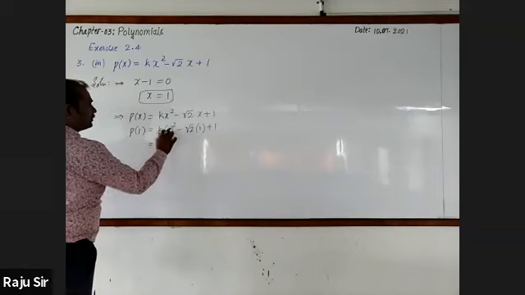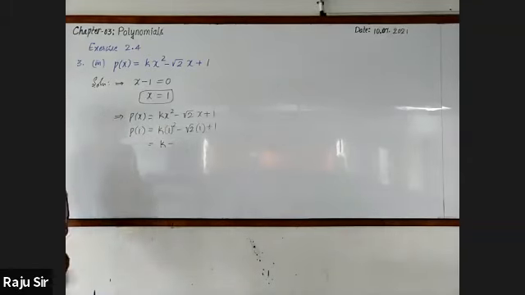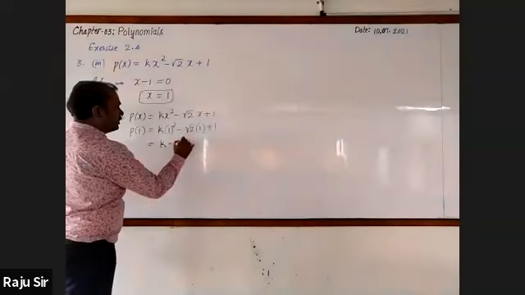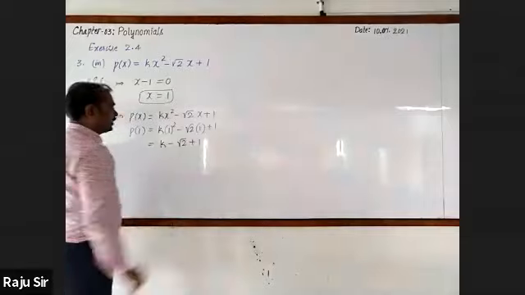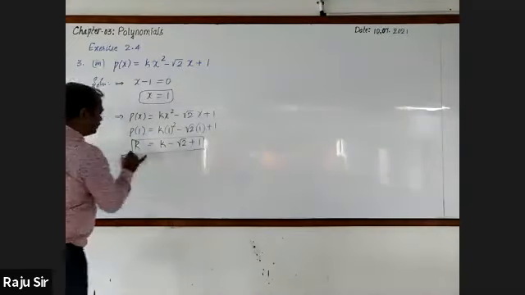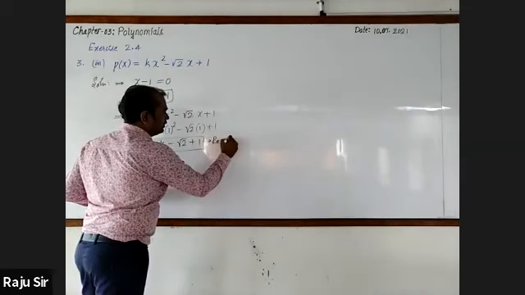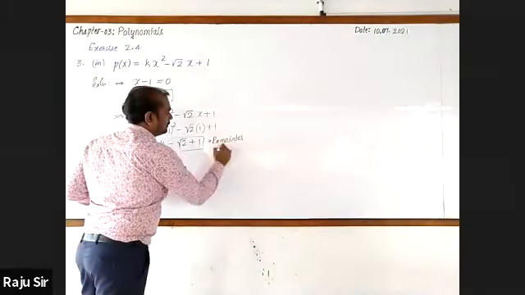This 1 square is 1, 1 into k. Minus root 2 into 1, it is 1 time root 2 only. Plus 1, which is remainder by remainder theorem.